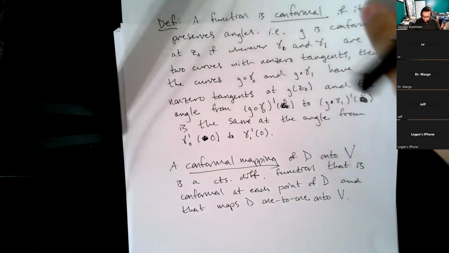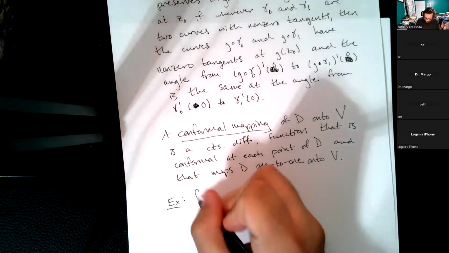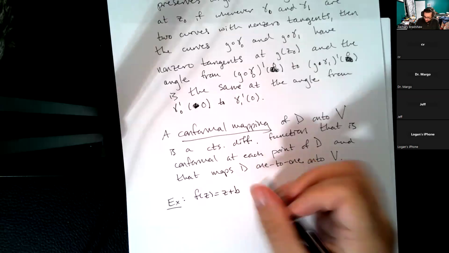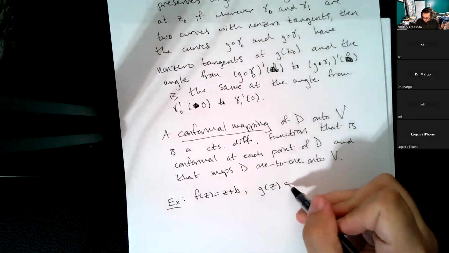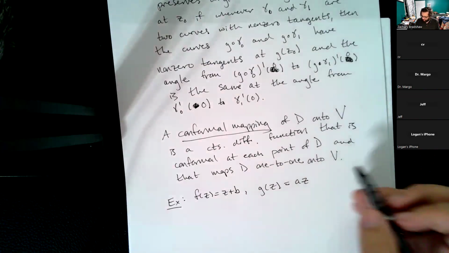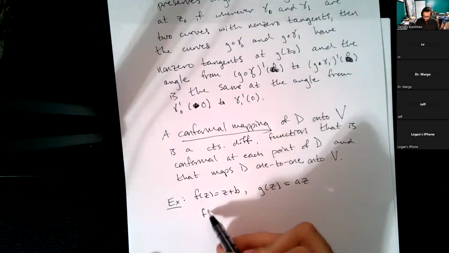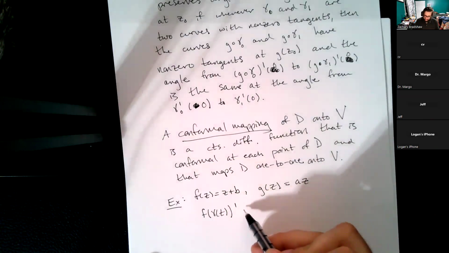Okay, but just as an example, z plus a constant, that's conformal. How do we see this? Well, I take any curve, and now I take the derivative of this.